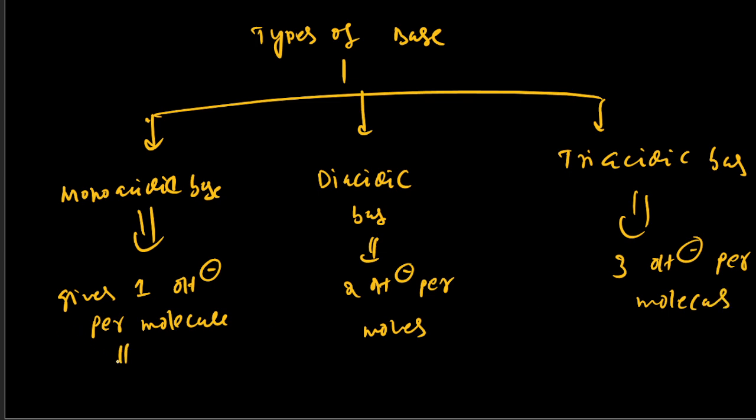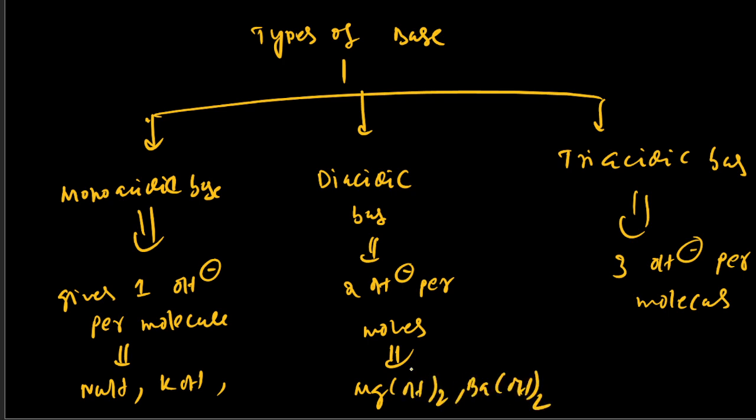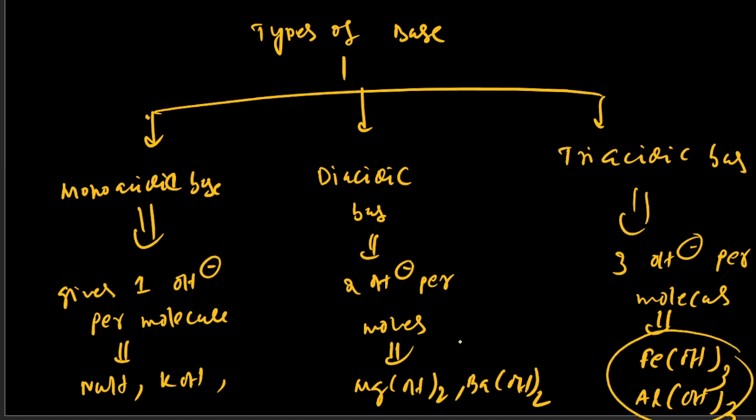So 1 OH molecules like NaOH, KOH, these all give 1 OH minus. And if we say diacidic, then like Mg(OH)2, Ba(OH)2, all these give 2 OH minus, and this is like Fe(OH)3, Al(OH)3. So these are triacidic.